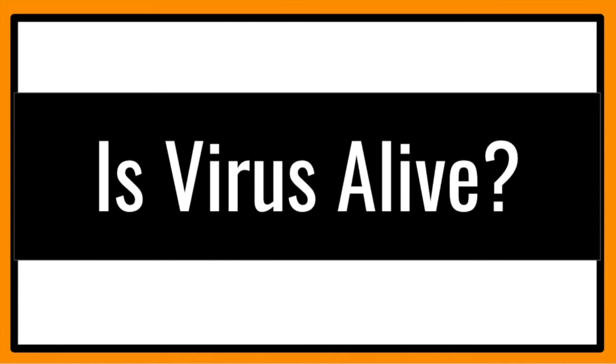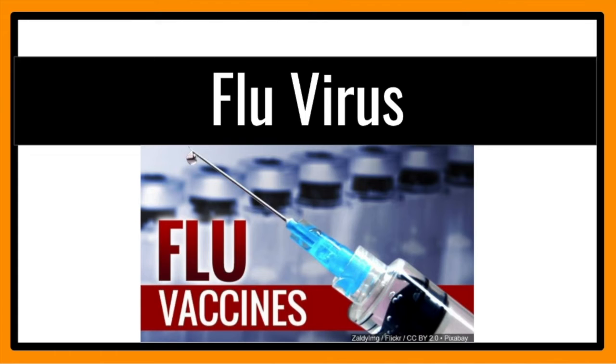Now, the next question we want to explore is, what about viruses? Is a virus alive? During the flu season, many people go and get the flu shot to lower the chance of getting the flu that year. Flu virus is very contagious. You probably know some people around you who got the flu sometime during your first, second, third, fourth, or fifth grade.